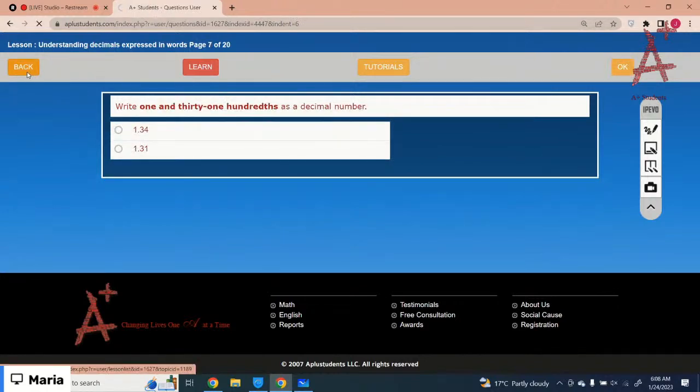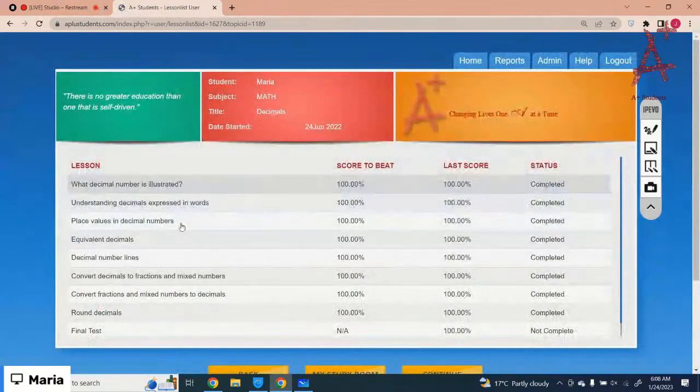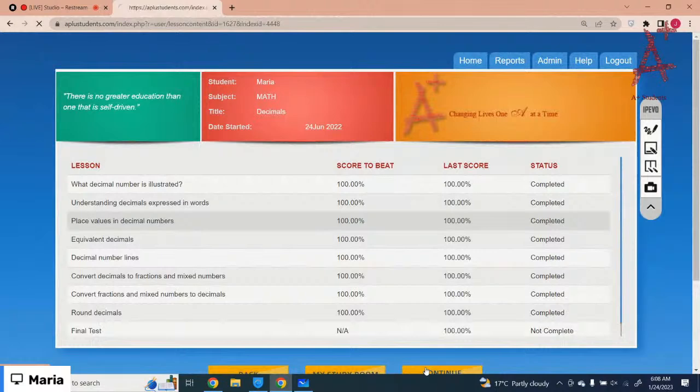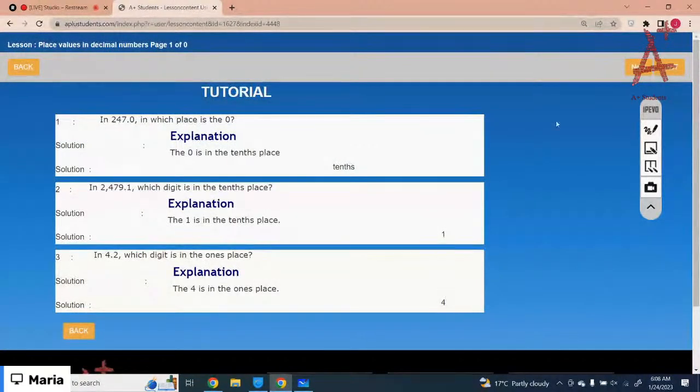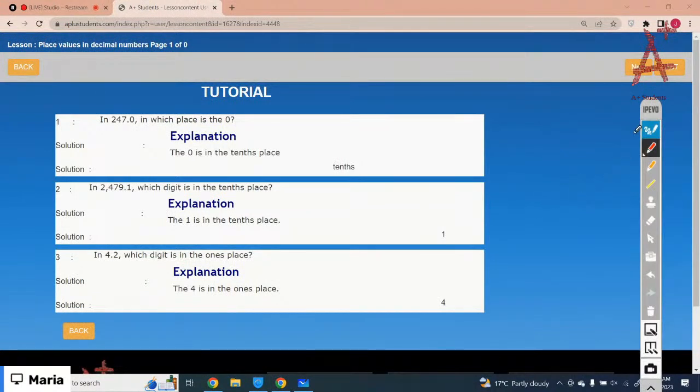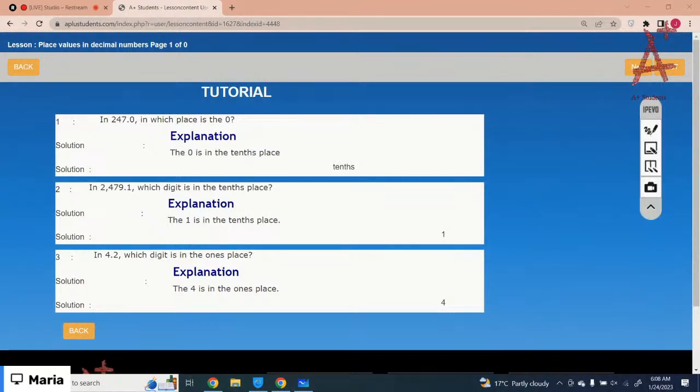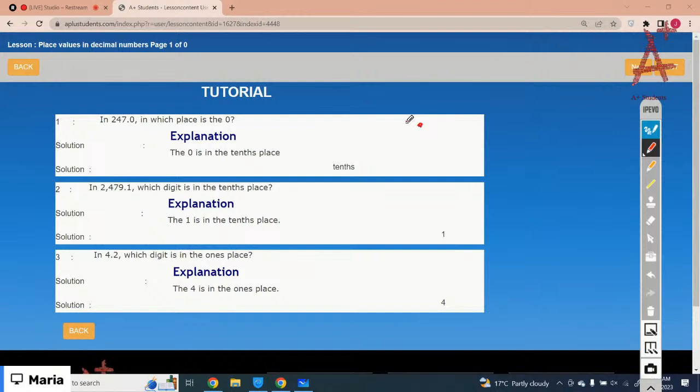Let me just move on to the next lesson, and the next lesson is place values in decimal numbers. I've already explained the place values in decimal numbers, but now we're going to learn them properly. Got it? Okay, in 247.0, which place value is the zero? Let me just explain the place value table for the decimals. Here you have the decimal point. Before the decimal point, it would be ones, tens, hundreds, thousands.